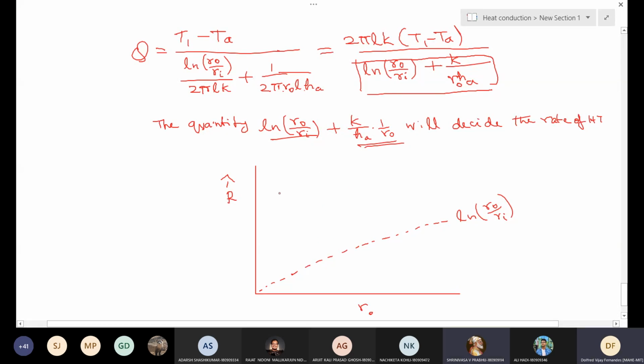So for a particular case, it starts from Ri, not R0. We have to start it from Ri, so there's no point in going below Ri. Then this is a large quantity initially, because small R0 means a large quantity, and then it will decrease.